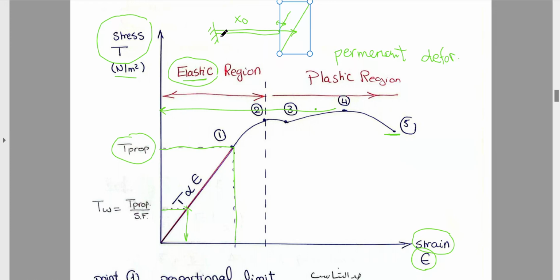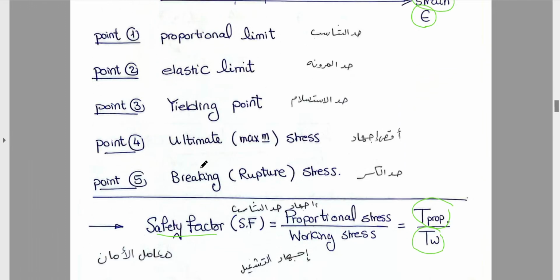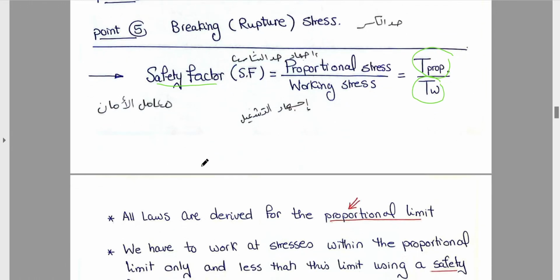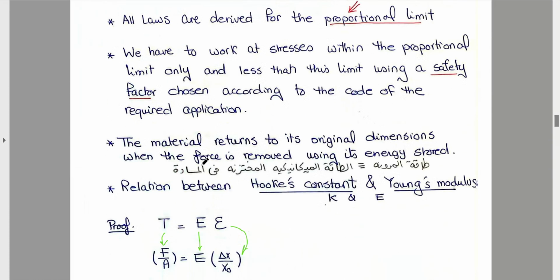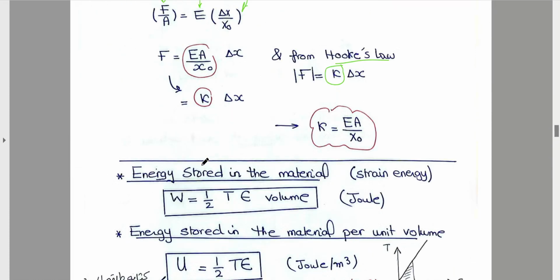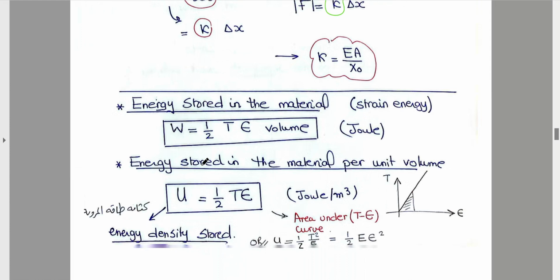Stored energy. So we have stored energy in the material, which returns it to its original size while I am in the elastic region and in the proportional region. So we calculated the energy stored in the material, which is capable of returning the rod to its original length.